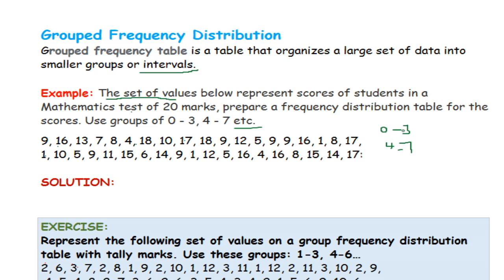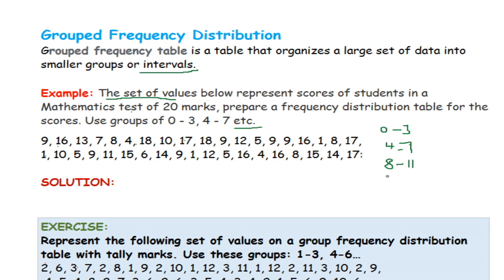The groups given to us are 0 to 3 and 4 to 7. Between 0 and 3 inclusive there are 4 digits: 0, 1, 2, 3. Between 4 and 7 inclusive there are 4 digits: 4, 5, 6, 7. After that, the next group will be between 8 and 11: 8, 9, 10, 11.